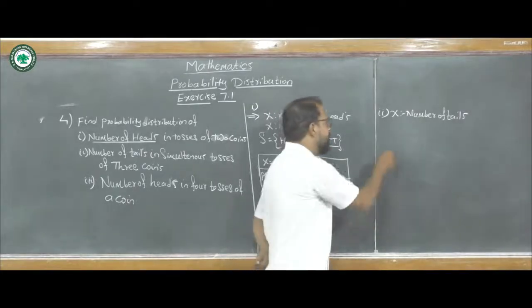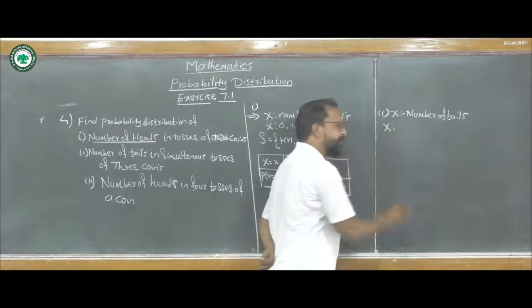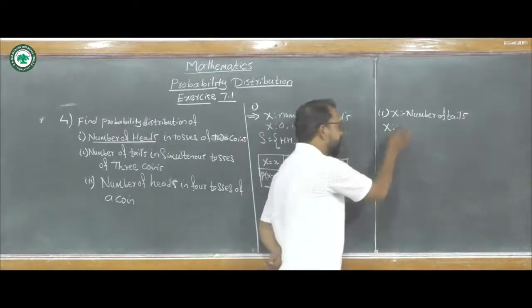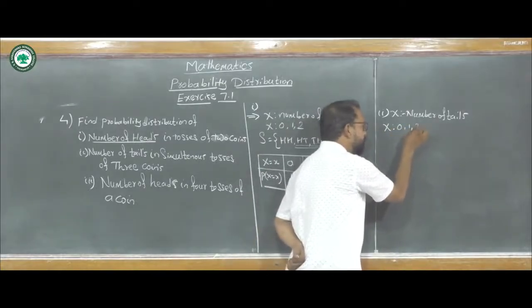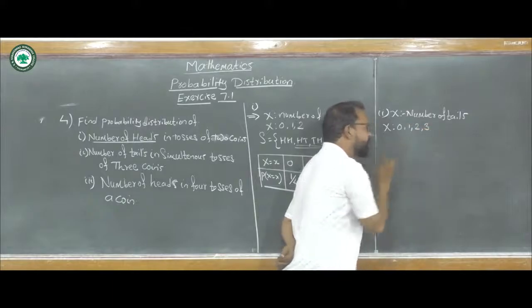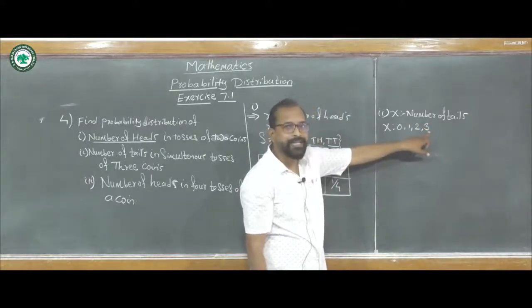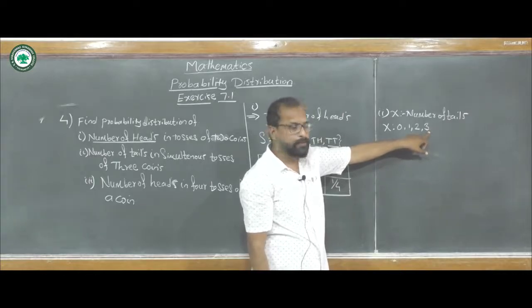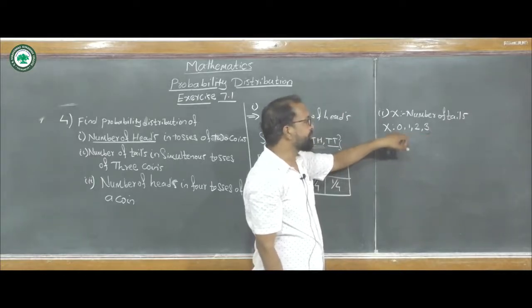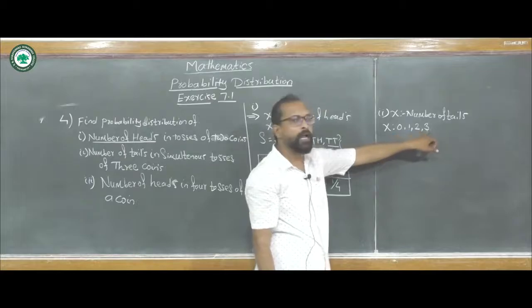This X takes the values 0, 1, 2 and 3, because we can get at most 3 tails in 3 tosses. So the random variable X takes the values 0, 1, 2 and 3.